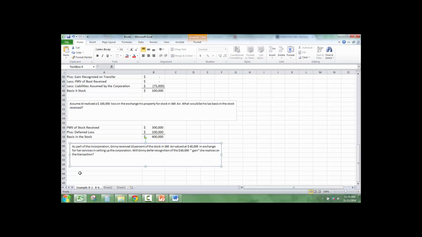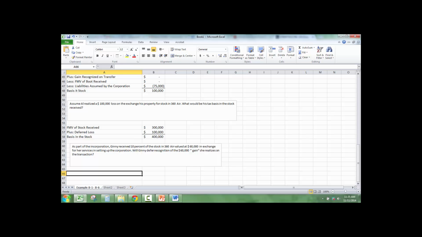Now let's assume that as part of the incorporation of 360 Air, Ginny received 10% of the stock valued at $60,000 in exchange for her services for setting up the corporation. Will Ginny defer the recognition of the $60,000 gain she would realize in the transaction?